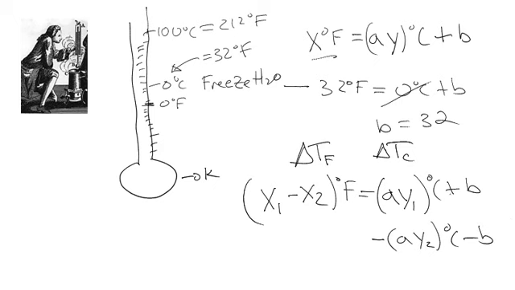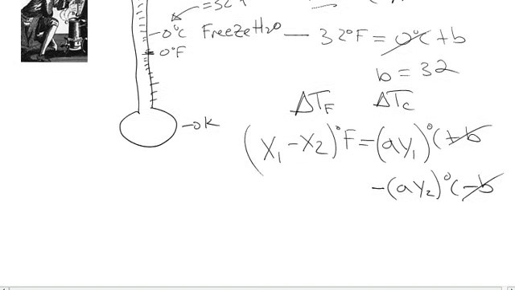And so the plus b and minus b cancel here, and so then we have an equation now that relates a difference in temperatures in Fahrenheit to a difference in temperatures in centigrade. And so if we rearrange this a little bit, we can see that a is actually equal to x1 minus x2 over y1 minus y2.